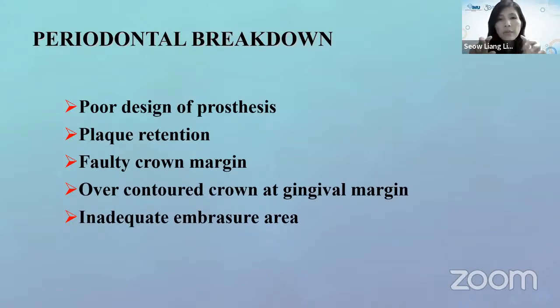But for ceramic, they tend to need a bit bigger, larger area of connector. So if you have short clinical crown height and you have prescribed for a zirconia, for example, zirconia or lithium disilicate anterior bridge, then the technician got no choice but to have a bigger embrasure area.